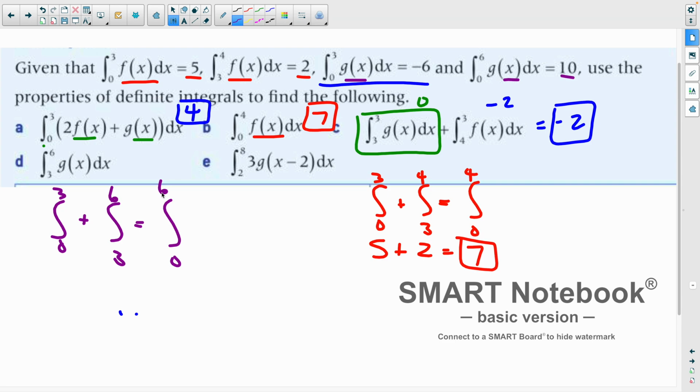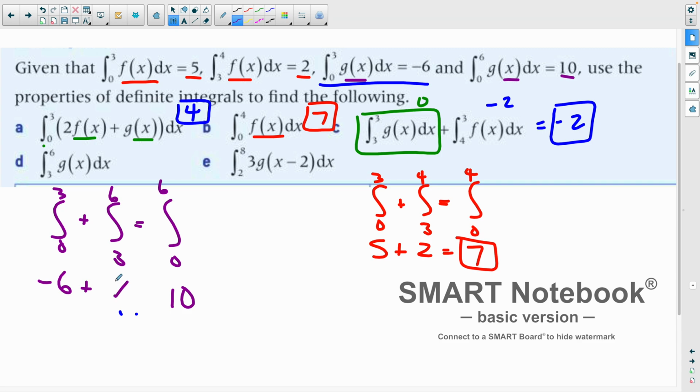So it's kind of the same one as B. I'm going to go from 0 to 3, then from 3 to 6, and that's going to be the same thing as if I went from 0 to 6 the whole way. So it's basically like I have 3 variables, correct? Do I know these? What do I know here? You know 0 to 3 is -6. 0 to 6 is 10.